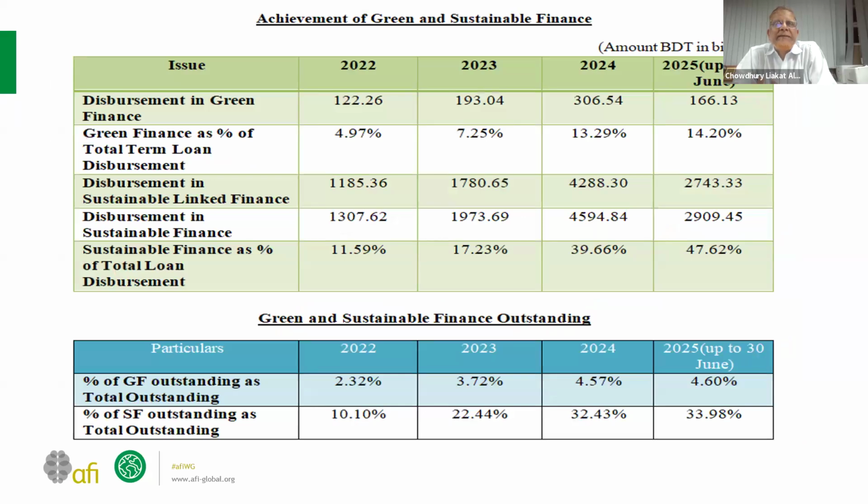And this is our achievement from implementing the sustainable finance policy. You see that in the year 2025, the industry has achieved 14% of the total term loan as green finance, and 47% as sustainable finance.